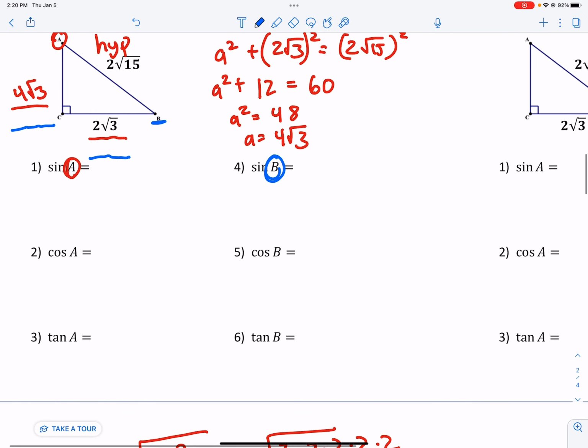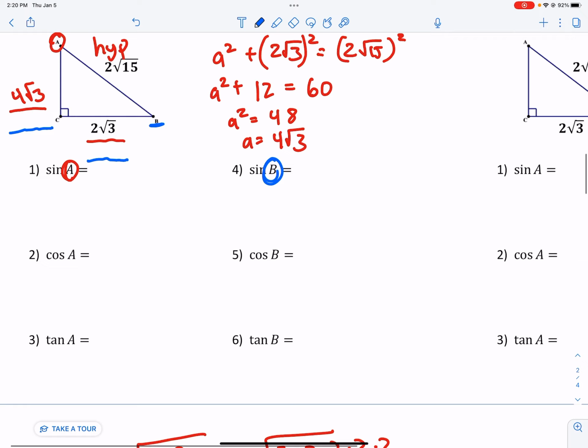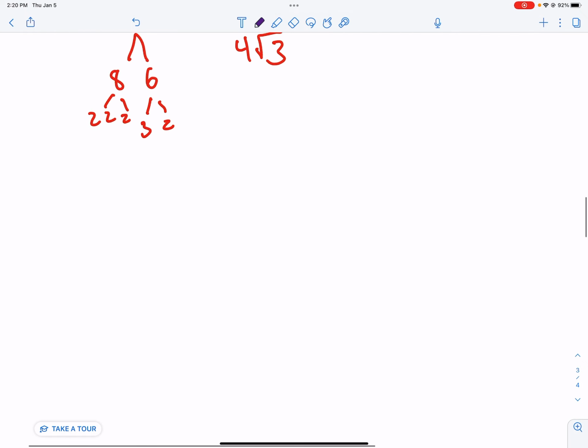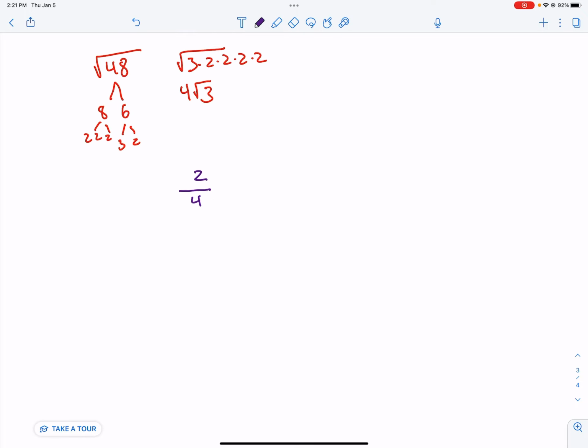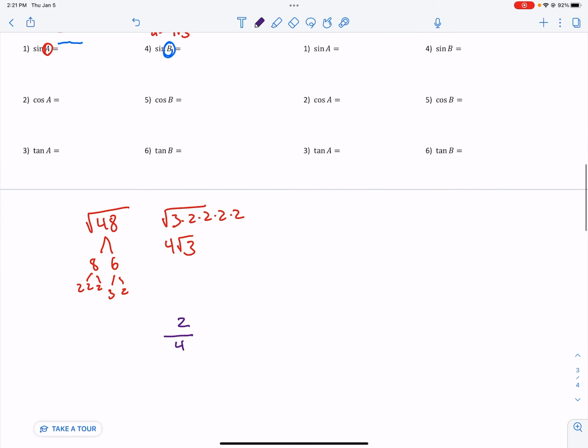All right, and then last one, as you guys are writing out your final answers, if you do have something like this, I will help you reduce. So for example, if you do end up getting 2 radical 3 over 4 radical 3, if you have something like this, you do treat each piece of it separately.